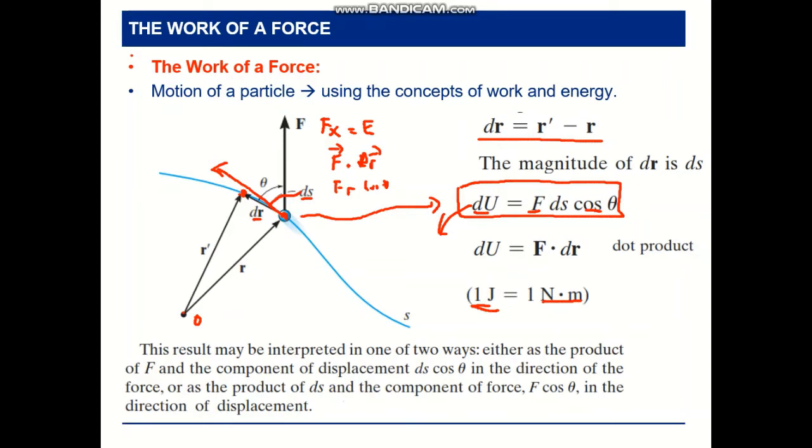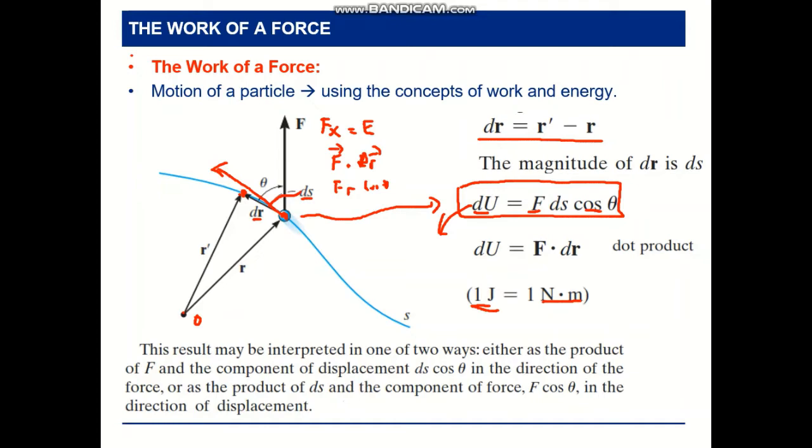Or, if you know ds, which is the magnitude of dr, and you know the angle between dr and F, you just multiply by cosine theta with ds and F, and that gives us the energy.